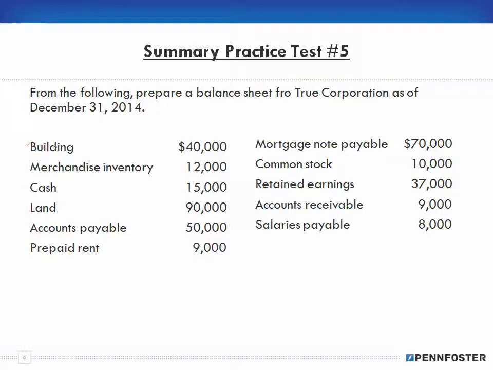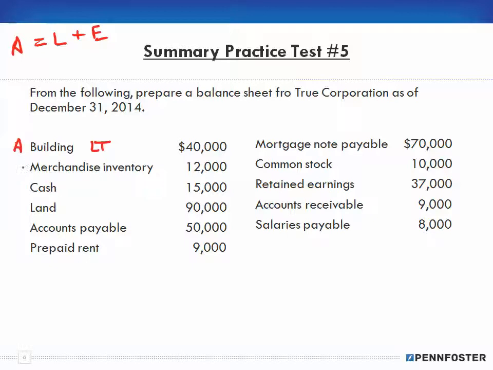what we need to do here is think about these accounts and what category of account they belong to. Remember, on the balance sheet you have assets and they're equal to liabilities plus equity. Okay, so building, well, that happens to be an asset, and building is actually a long-term asset.